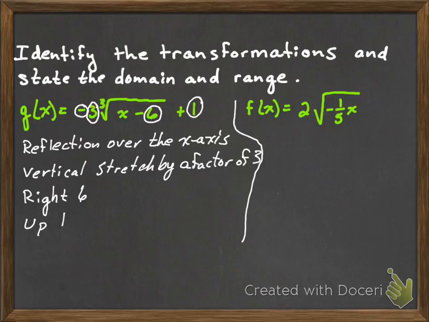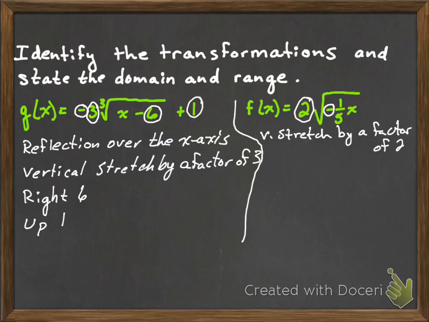All right, so the next one, f of x, has 3 transformations. The first one is the 2. That is a vertical stretch by a factor of 2. And then we have this negative inside here.